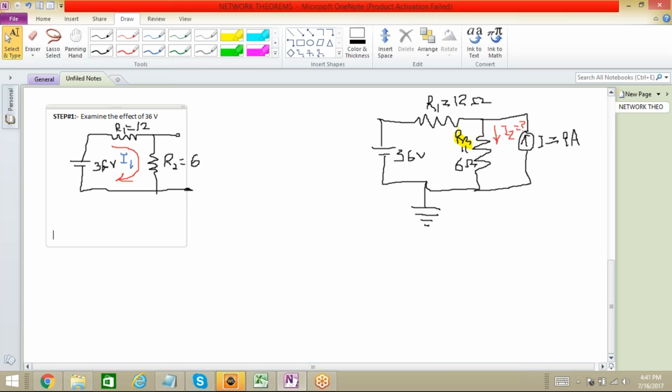So what happens if these are connected in series? The total resistance over here will be 12 ohm plus 6 ohm, that is 18 ohm, right?